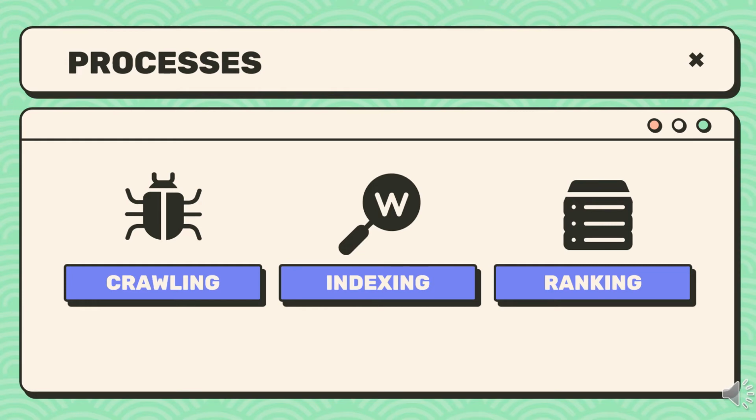After accessing the content, they categorize each piece of content into specific categories. Lastly, we have ranking. This is the process of deciding which content appears on the top based on relevance and the kind of content that particular web page displays. Now let's look at each of them in detail.